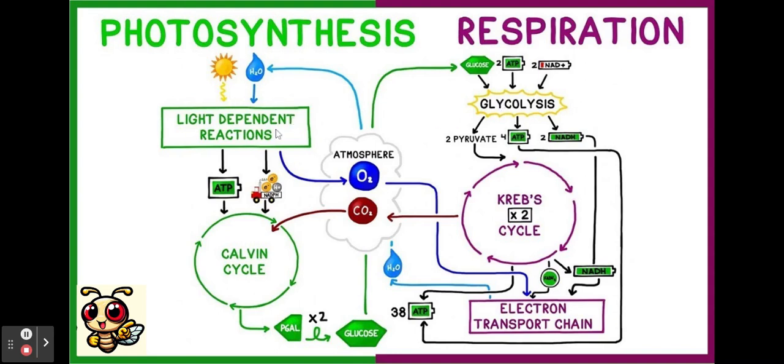Those light dependent reactions require water as electron donor and then light in order to excite those electrons to make ATP and NADPH, which, like NADH and ATP, is another electron carrier into the Calvin cycle to reduce some stuff so that you can make PGAL.